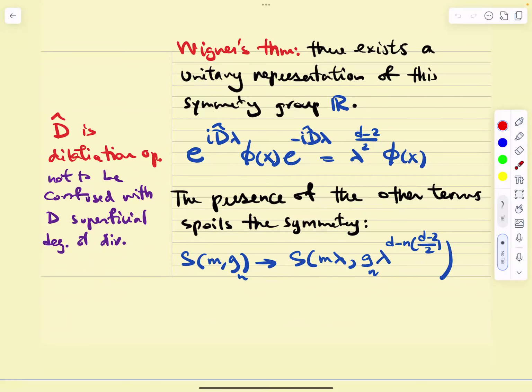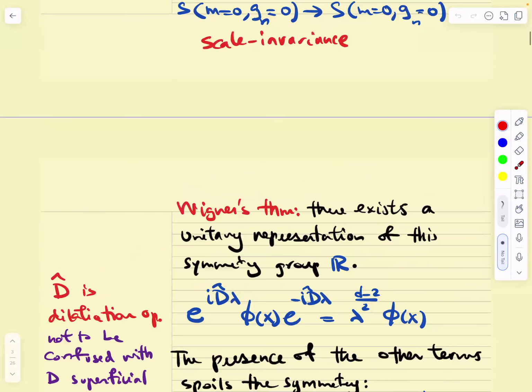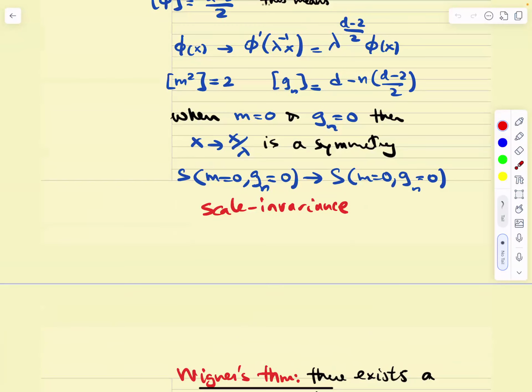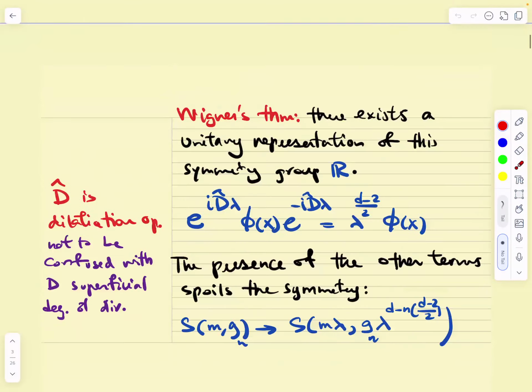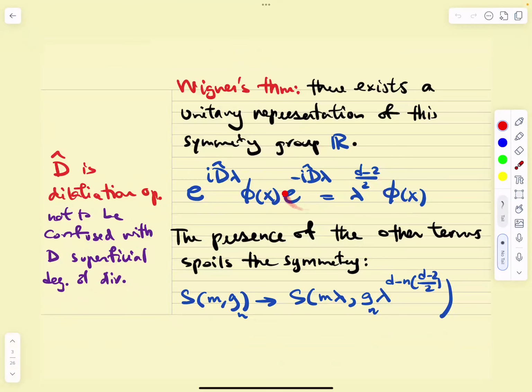Now, in the presence of other terms, the symmetry is spoiled. When there are other terms, you do not have scale invariance, you do not have a symmetry, and you're not guaranteed that such an operator exists. So this relation is specific to the massless free theory.